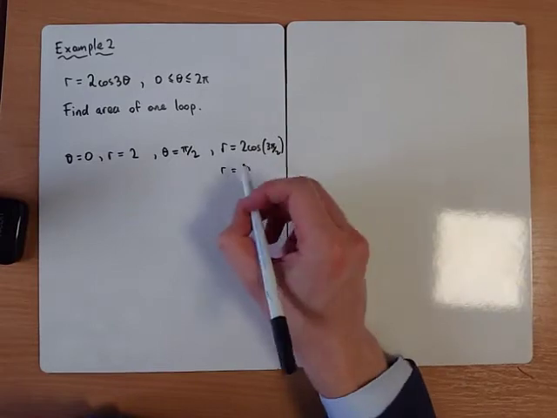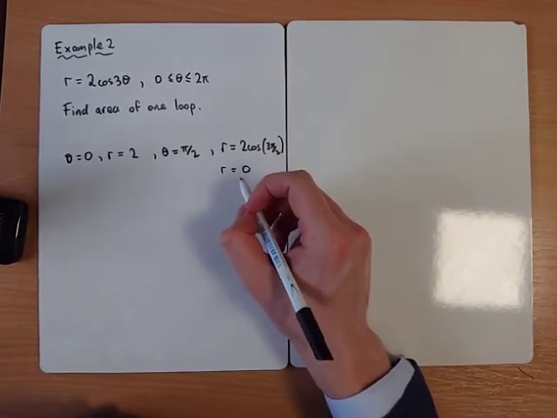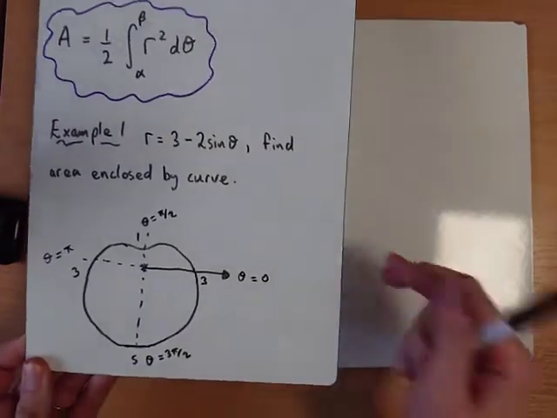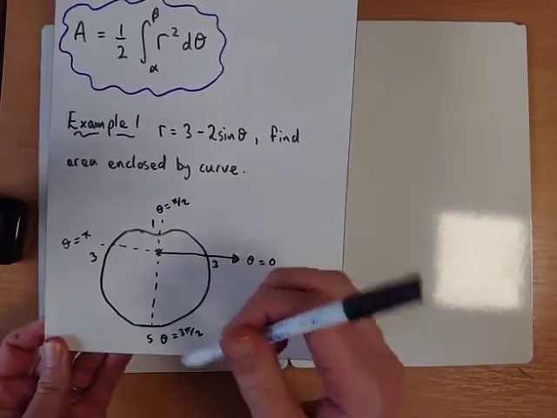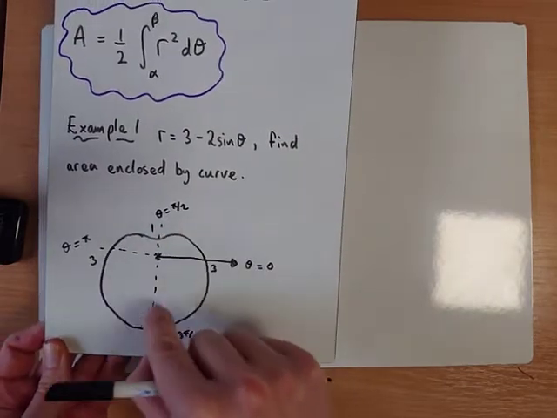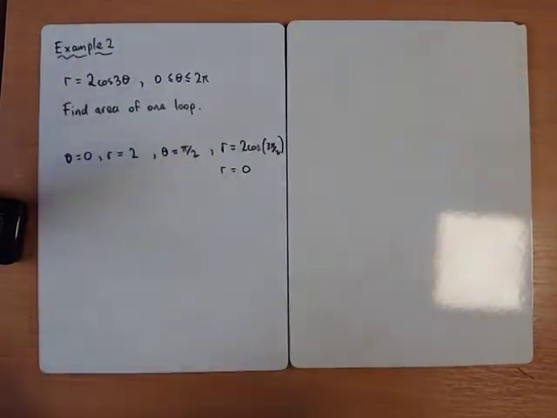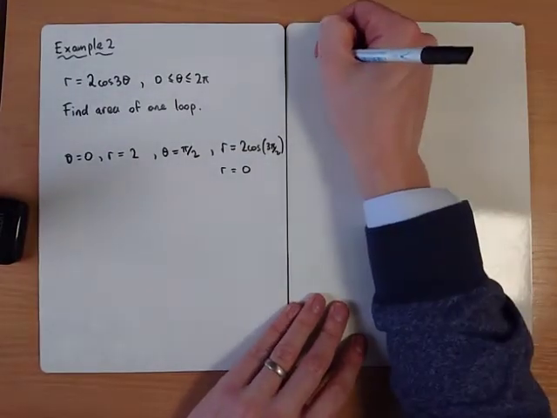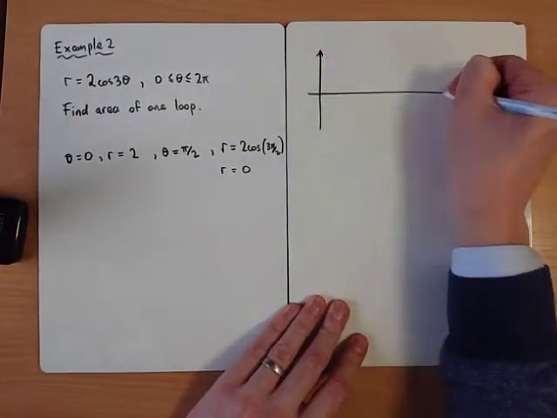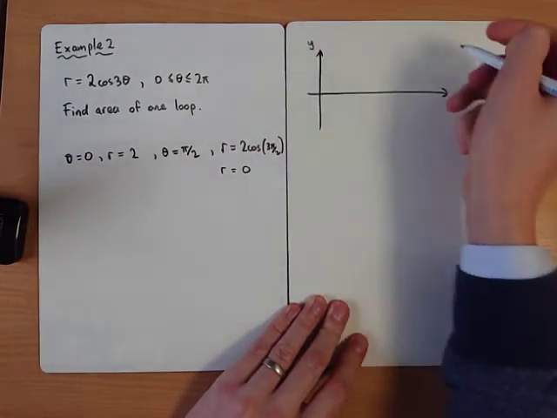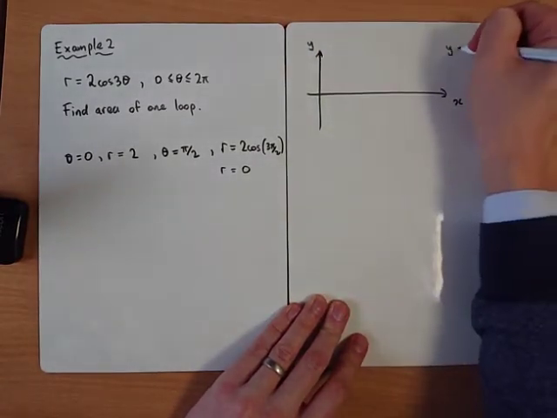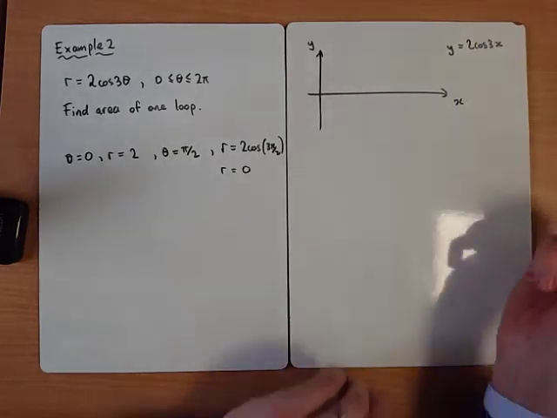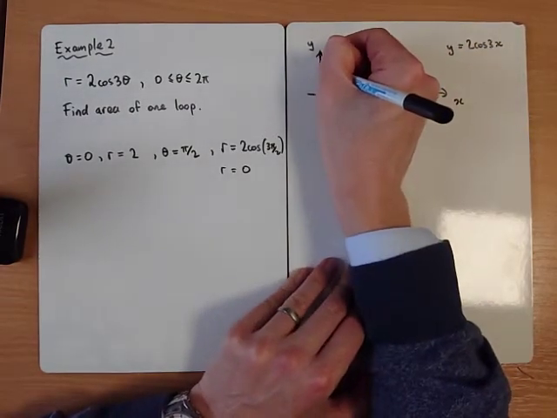So what we've got here is a situation that didn't happen in the previous one. If you look at the previous one, r was never 0, the curve went all the way around. We always had a positive r value. But because of the cos function, I'm going to draw the parallel here. If I had the function y equals 2 cos 3x, the graph would look like this.